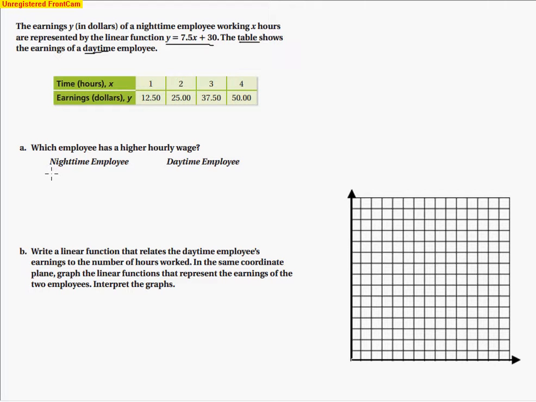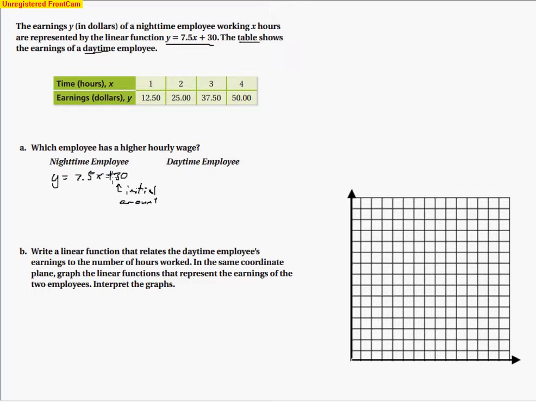Well, let's write down the hourly wage of the nighttime employee. His formula goes like this: 7.5x plus 30. Remember, the 30 represents the initial amount. So this is his initial value, initial amount. So he gets $30 no matter what. So not even for working 1 hour does he get that $30. It's probably like a nighttime employee benefit.